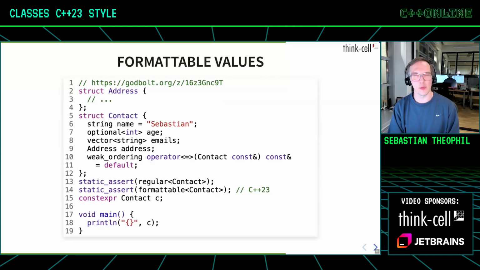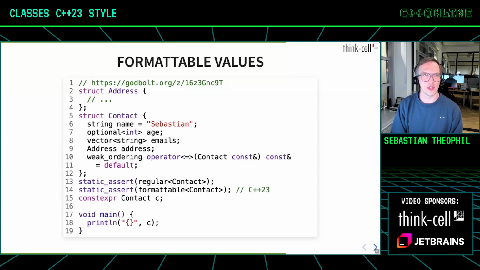It's a regular type, it's a formattable type, it can be evaluated at compile time. Of course, here the std::println function is also new in C++23 to make it easier to print stuff to, well, to stdout in this case, without using the IO streams library.